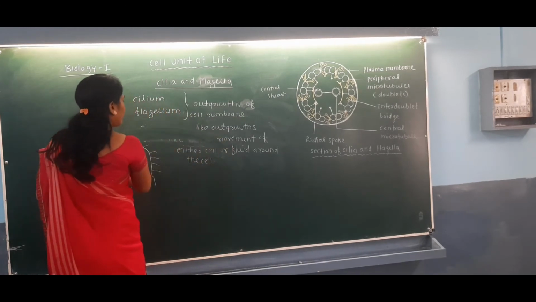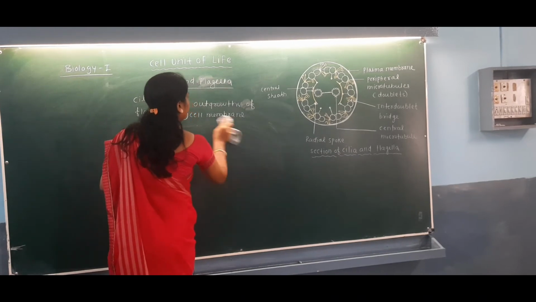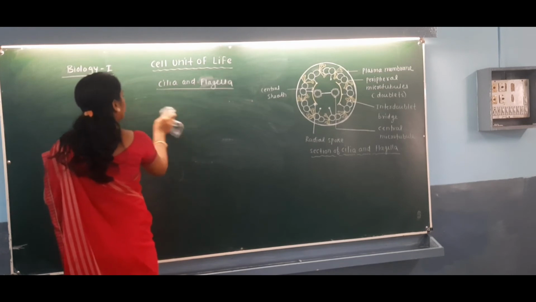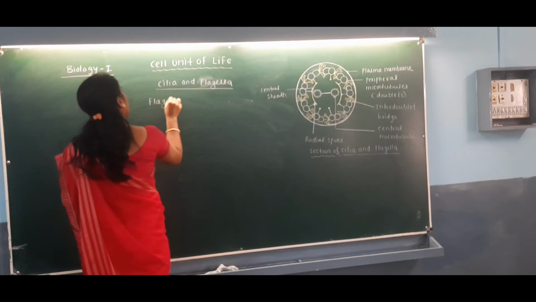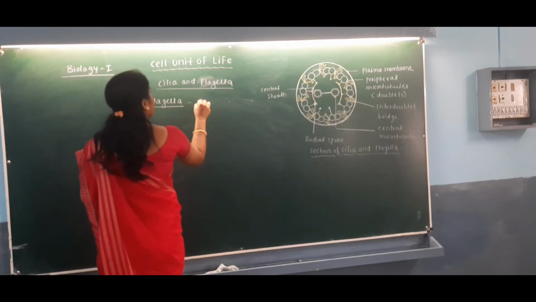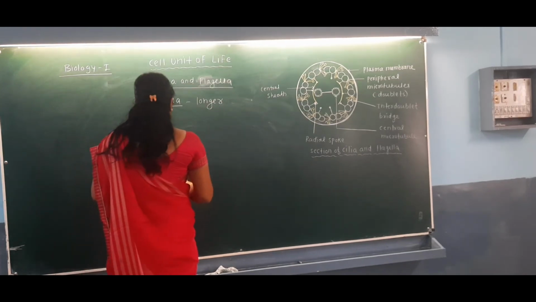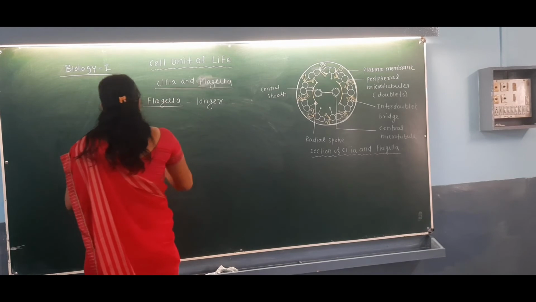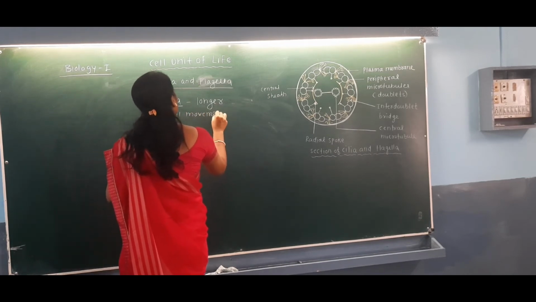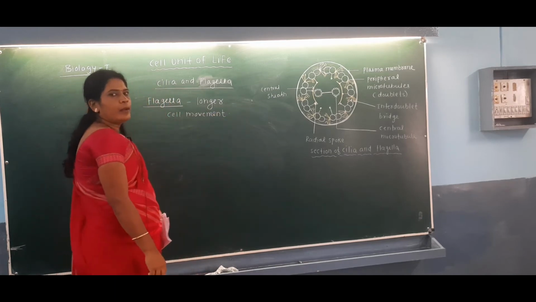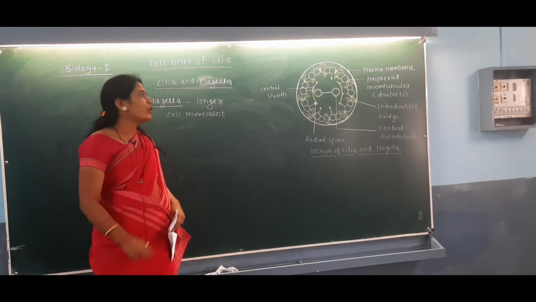Now the second one is flagella. Flagella are comparatively longer, okay, and they are also responsible for cell movement, because like the cilia, flagella are also involved in movement of the cell.